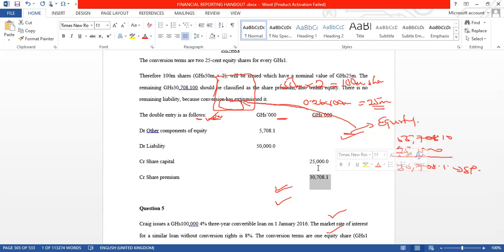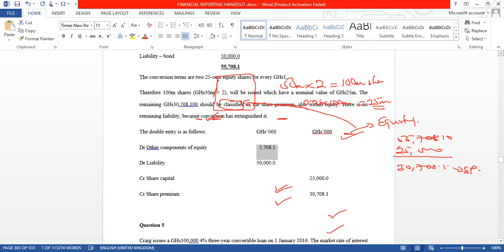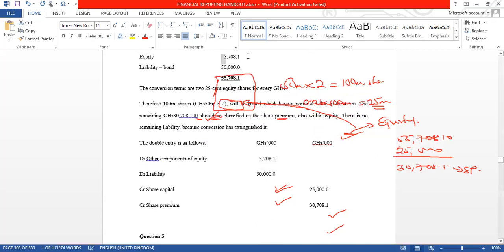All right, so that is that. So if not, then it means that you have these ones just seated as your other equity components. Okay, that is the difference that you had on top here. So the other equity component stays here.